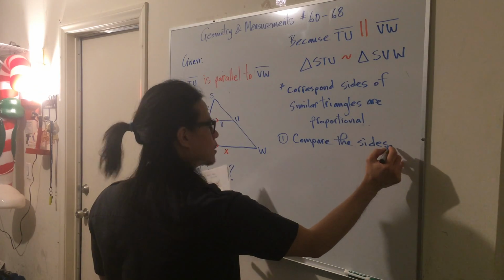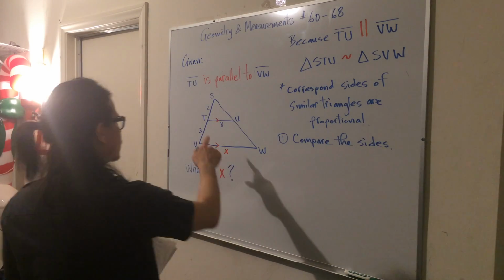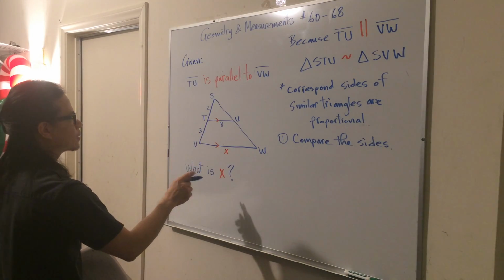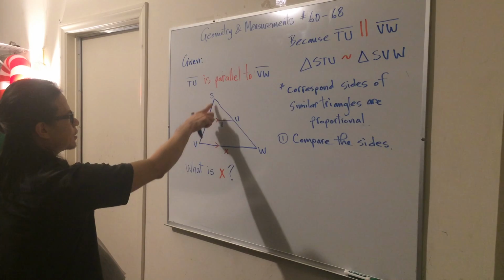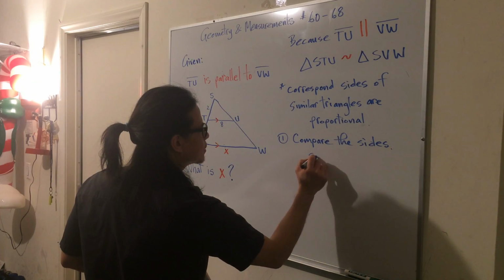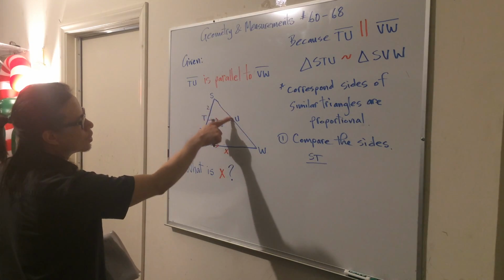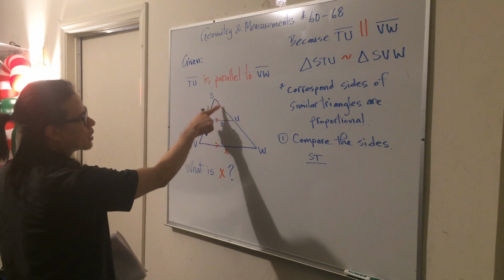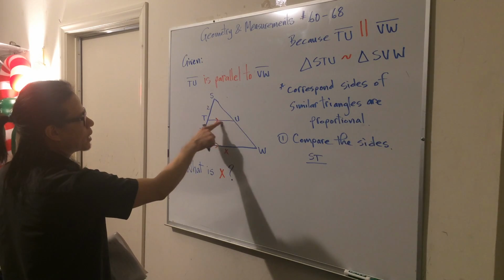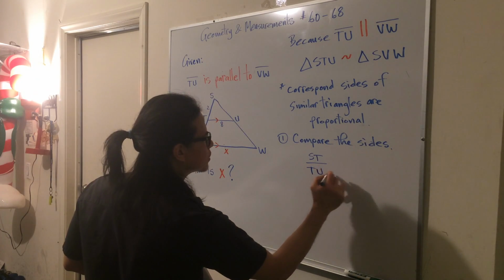Okay. So let's compare what we can. I know this side here is 2. So I'm going to compare that definitely ST to, since I don't know this side here, I'm not going to bother with it. So I do know the bottom. I know TU, so we're going to use that information there.